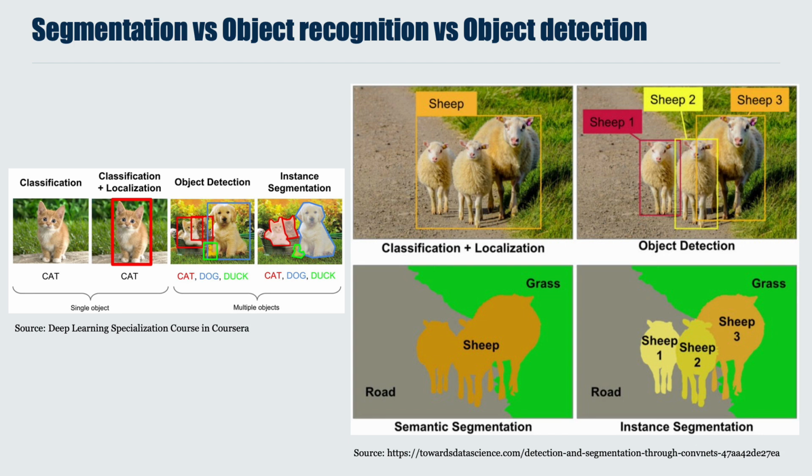When you combine classification and localization, then you know that there is a cat and you have a bounding box around the cat. When you consider object detection, here you have these different classes, so cat, dog, and duck.